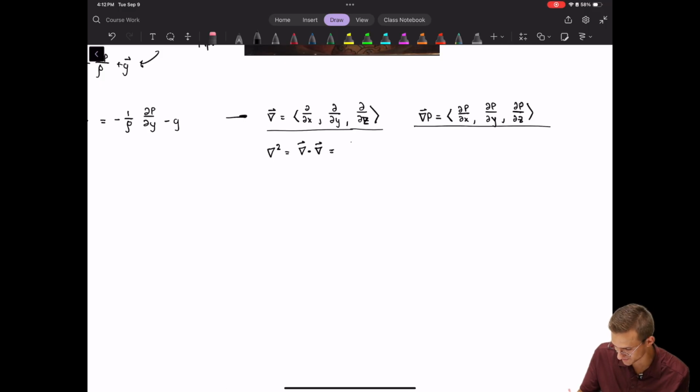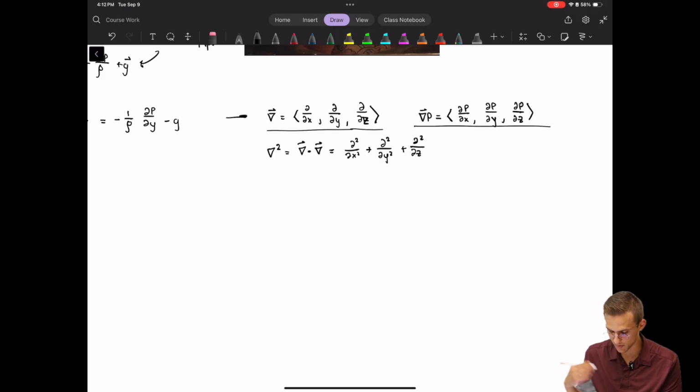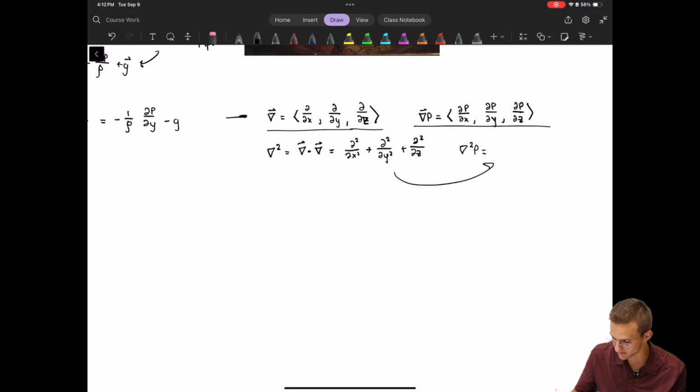So it's the second partial derivative with respect to x, plus the second derivative with respect to y, plus the second derivative with respect to z. Still another operator, right? Waiting to act on something like the Laplacian of the pressure, for example. You can guess what it would be based on the relationship between the above two lines.